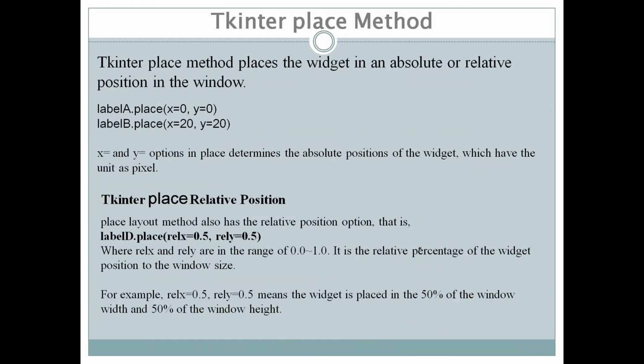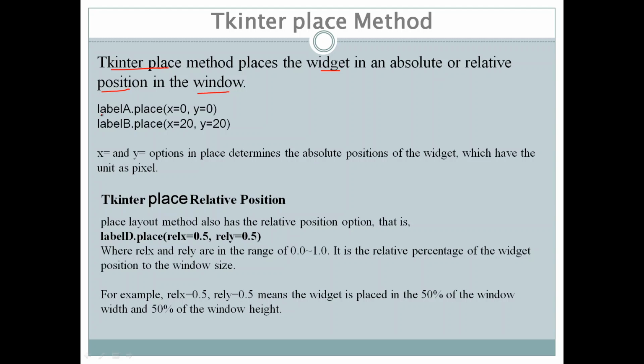Okay, the next method is the place method or the place layout. The place method places the widget in an absolute or relative position in the window.